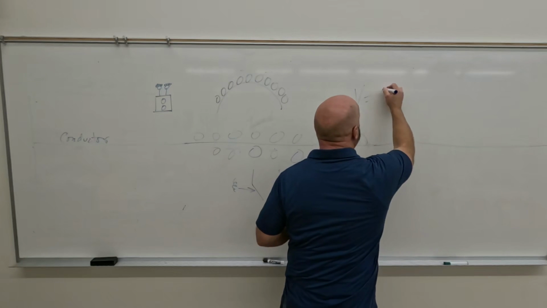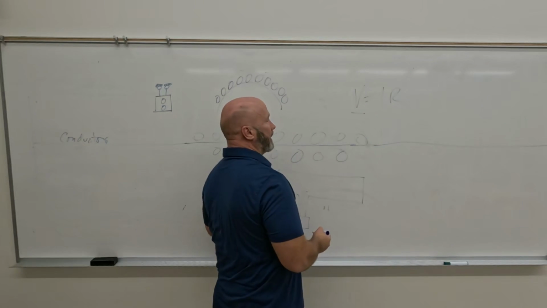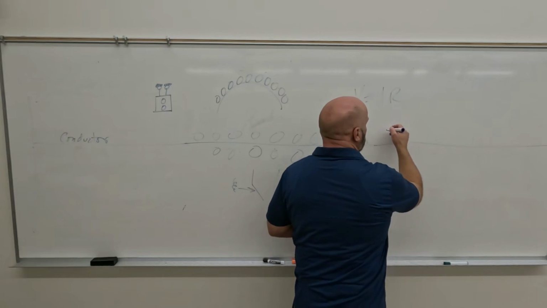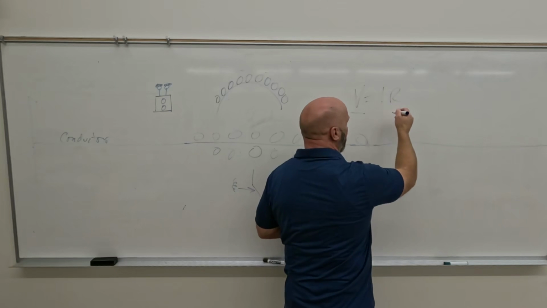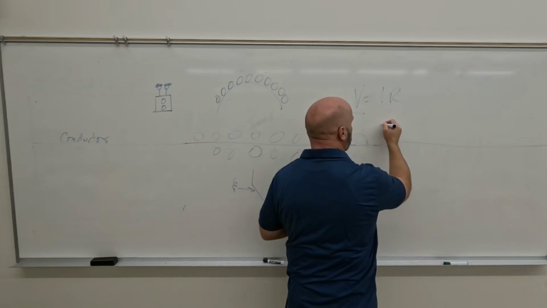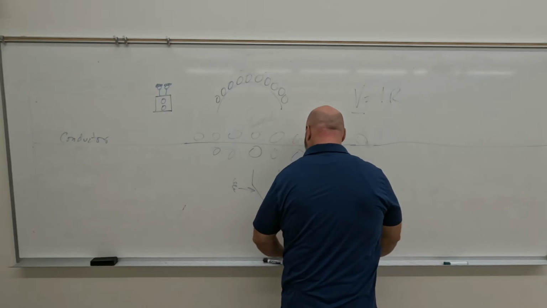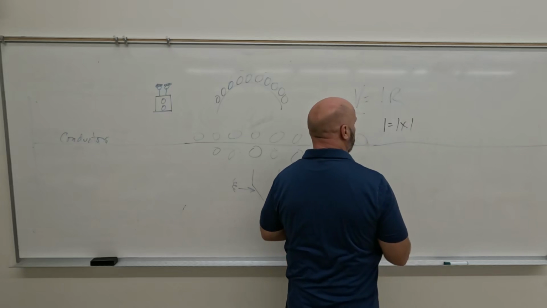So when voltage is constant, then intensity, which is I, and R, resistance, are inversely proportional. So again, simplifying the equation, we've got 1 equals 1 times 1, right?